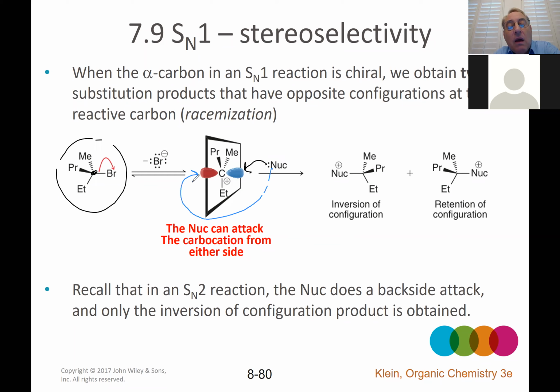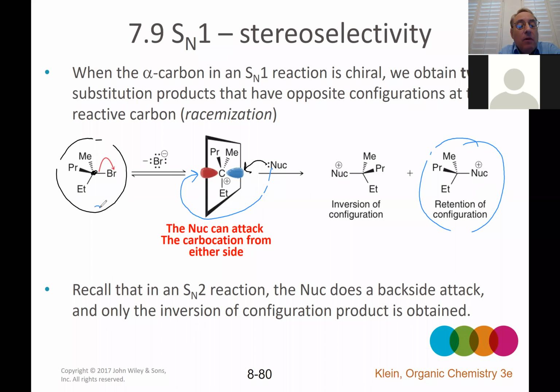What's stopping it? Nothing. It's flat. It can go either side. So the bromine left from the right side. And if the nucleophile comes in from this side, it ends up on the same side as where the bromine started. And that gives you what we call retention of configuration.